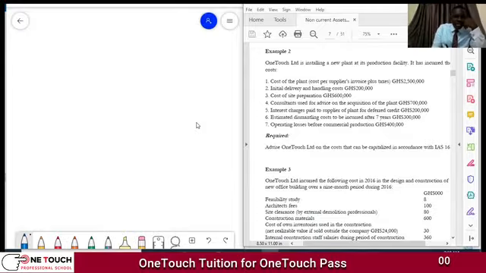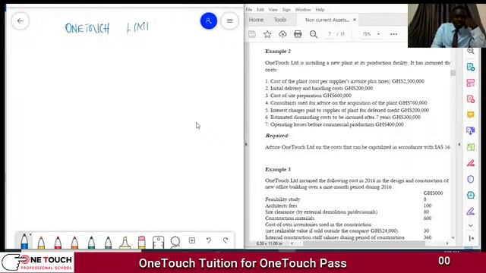So value of PPE, One Touch Limited. So one, we have cost of the plant.